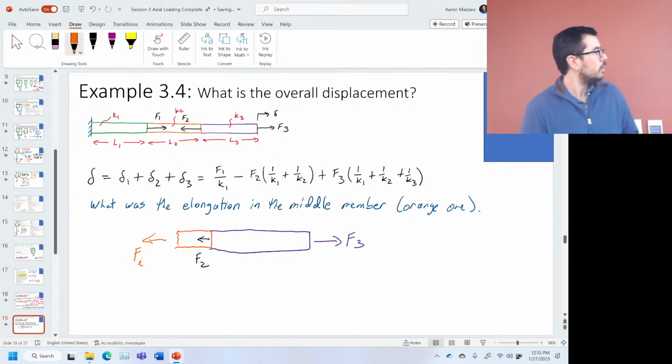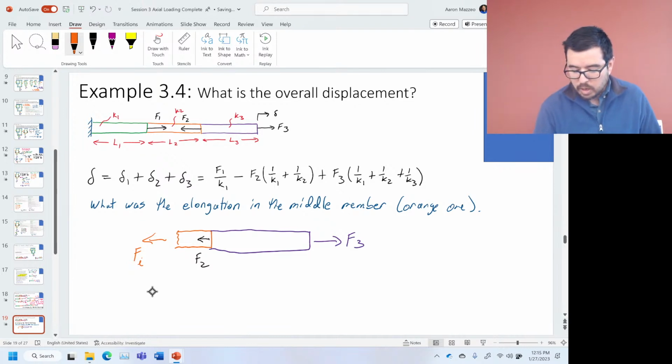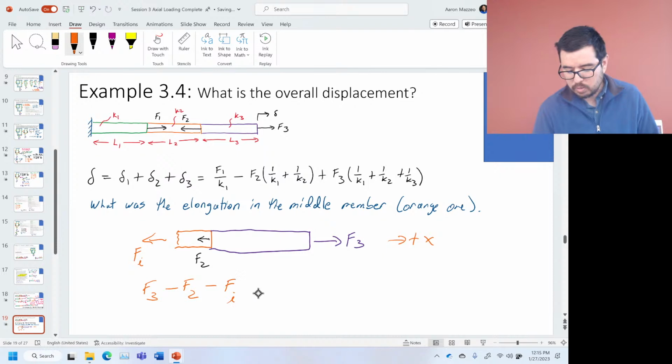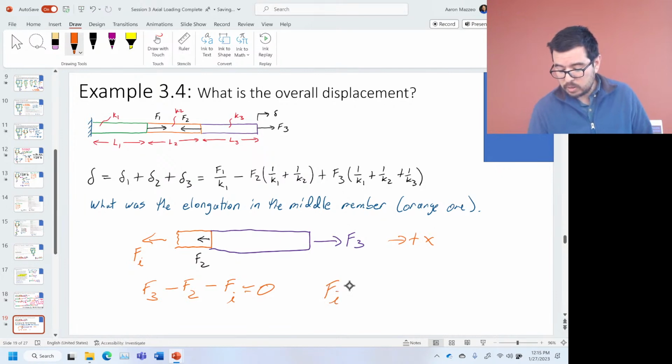What is the equilibrium equation? If I'm defining this as positive x, then we have F3 minus F2 minus Fi equals 0. So that means Fi is just equal to F3 minus F2.